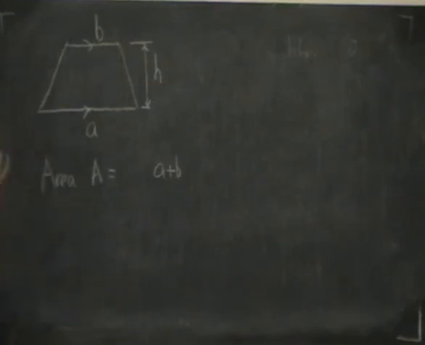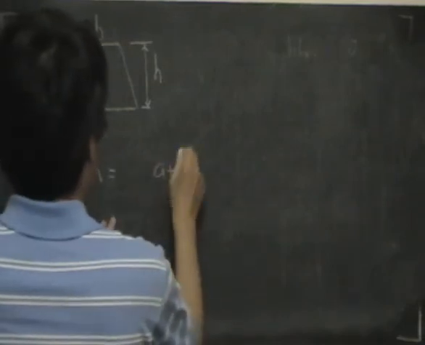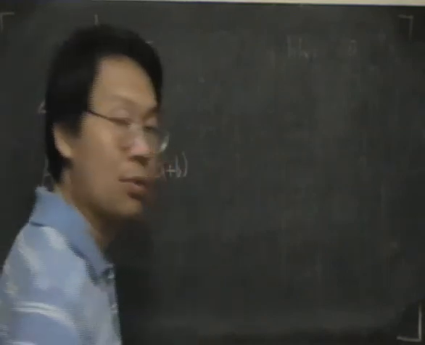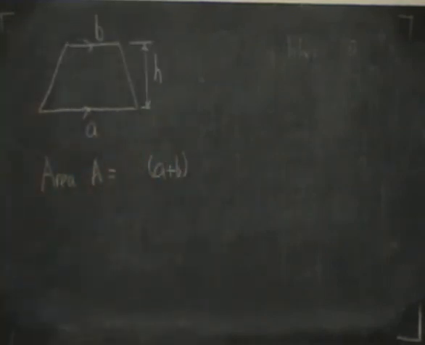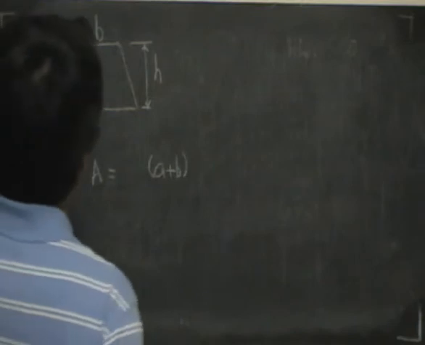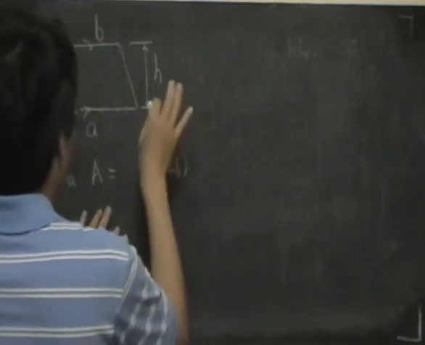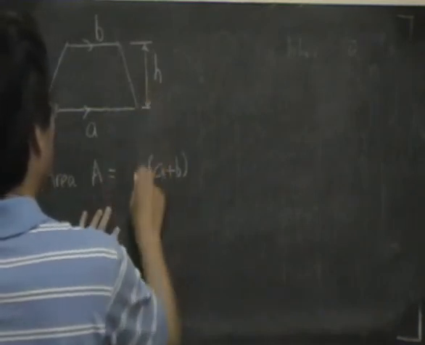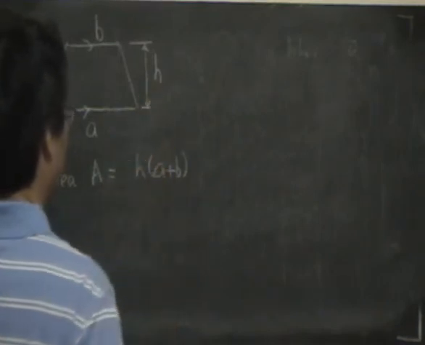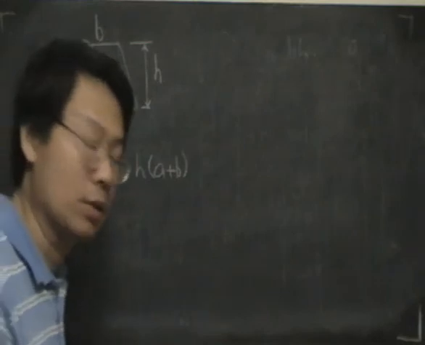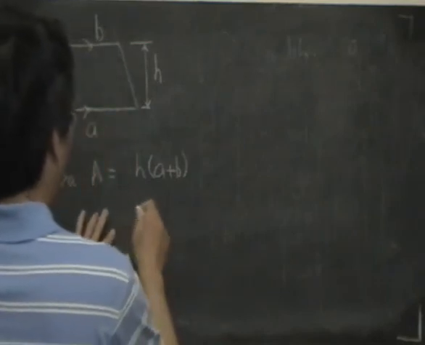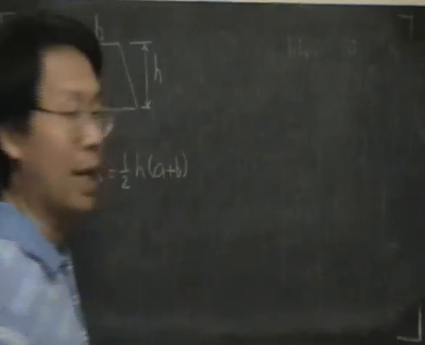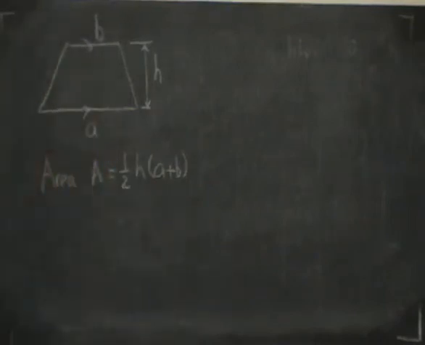So sum of the parallel sides. Now we have to do that first, so we should put a bracket around it to make sure that is done. And then multiply this sum by the height. Okay? And take half of that. That is the formula.